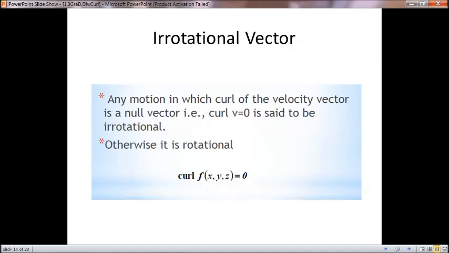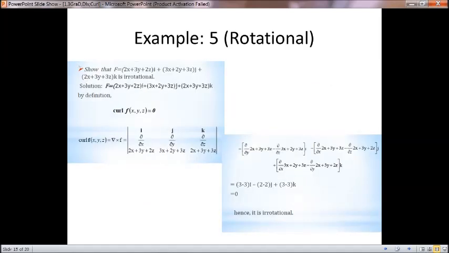If it is not 0, it is rotational. If it is 0, it is irrotational. That is what we have to say. So in one problem based on this, we have to find whether it gives 0 value or not. The same curl formula has to be applied, and the determinant value has to be found out to check whether it is rotational or irrotational. If it gives 0 value, it is irrotational.